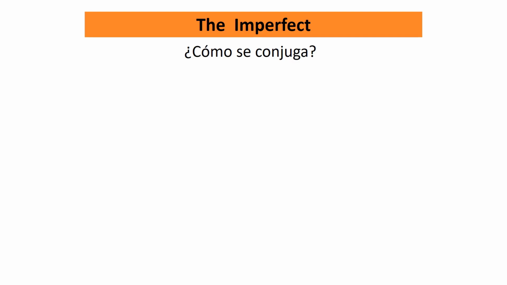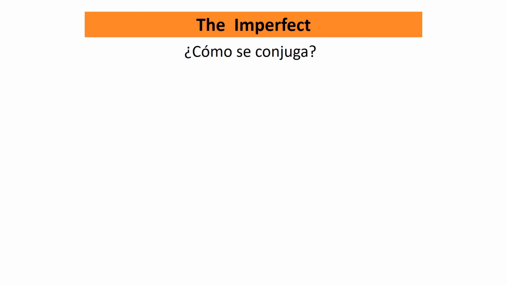We add -aba for the third person singular, él, ella, usted. For the first person plural, nosotros, nosotras, we add -ábamos. For the second person plural, vosotros, vosotras, we add -abais. And for the third person plural, ellos, ellas, ustedes, we add -aban. So we have yo hablaba, tú hablabas, él, ella, usted hablaba, nosotros, nosotras hablábamos, vosotros, vosotras hablabais, ellos, ellas, ustedes hablaban.